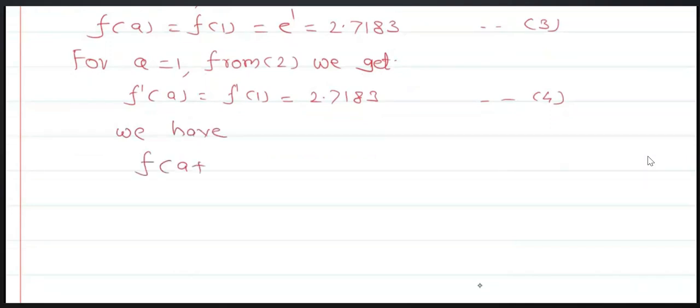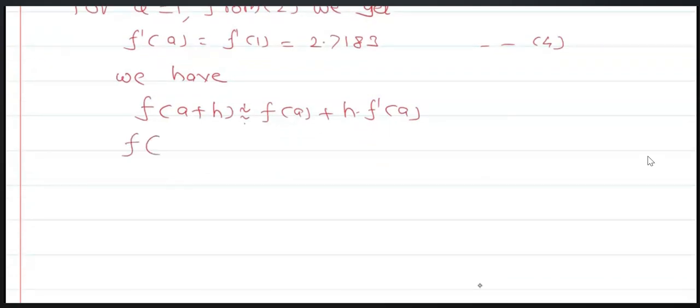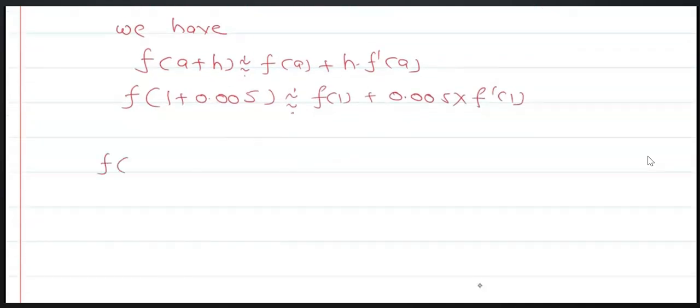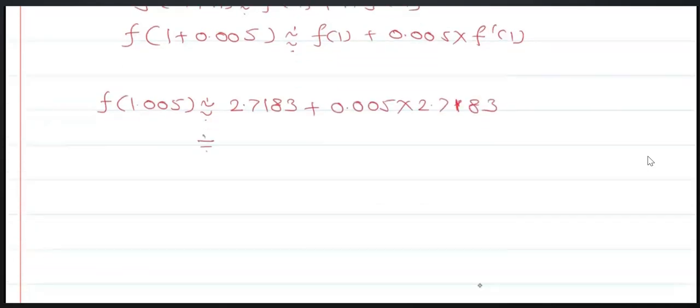Now we have f of a plus h is approximately equal to f of a plus h into f dash of a. That is f of 1 plus 0.005 is approximately equal to f of 1 plus 0.005 into f dash of 1. That is f of 1.005 is approximately equal to 2.7183 plus 0.005 into 2.7183, and after multiplication you will get the result.